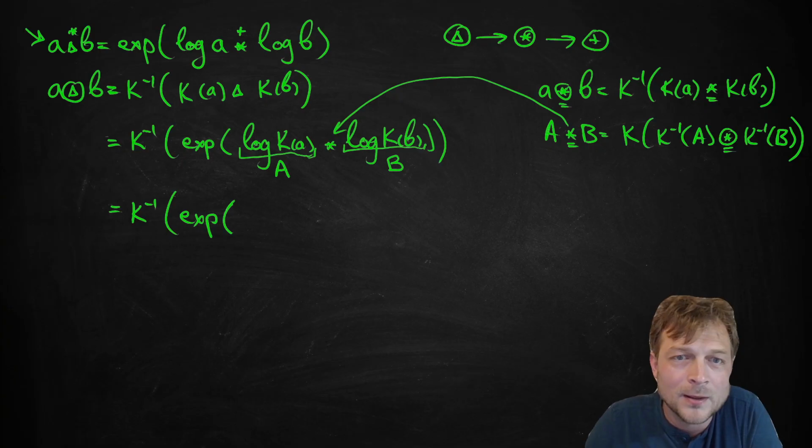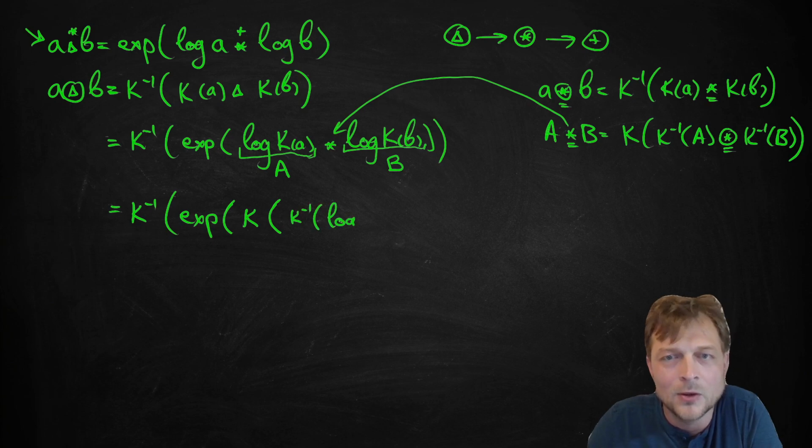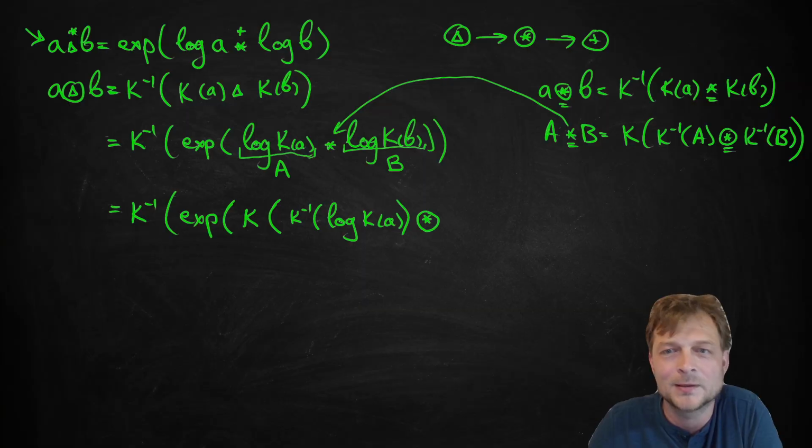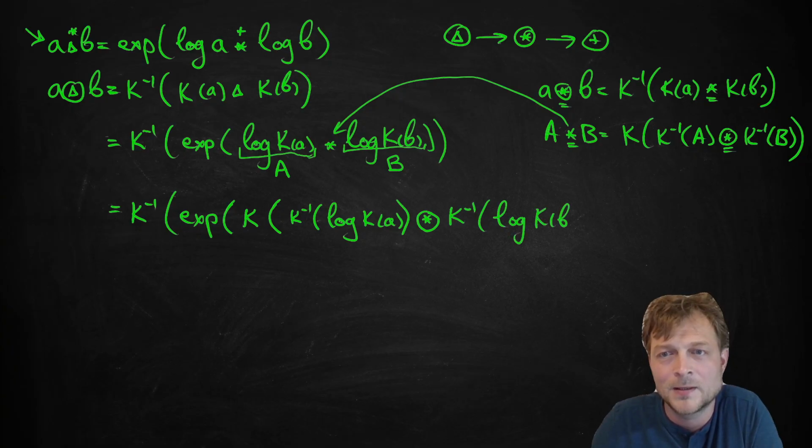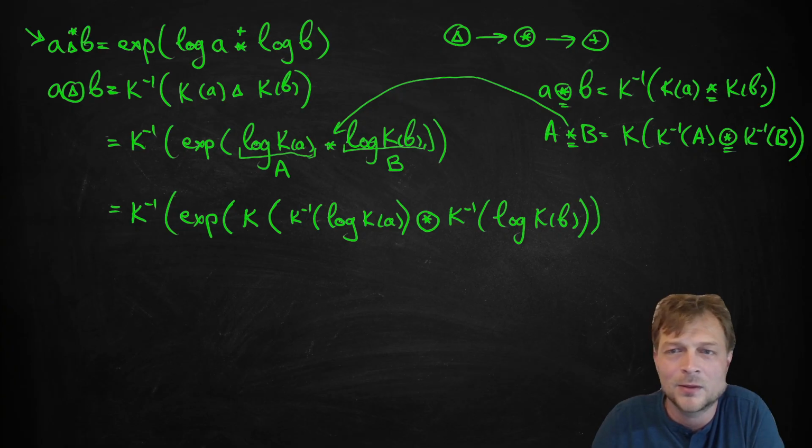Now k of k minus 1 log k of a, and then we use circular operation k minus first log k of b, and then we close k, we close exponentiation, and k minus first.